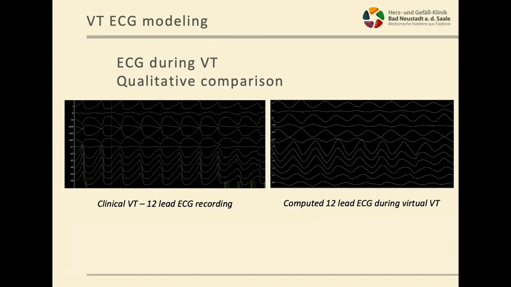We're still working on that. This is work in progress, but I think at least we're getting towards having more or less congruence in some, specifically in the extremity leads.